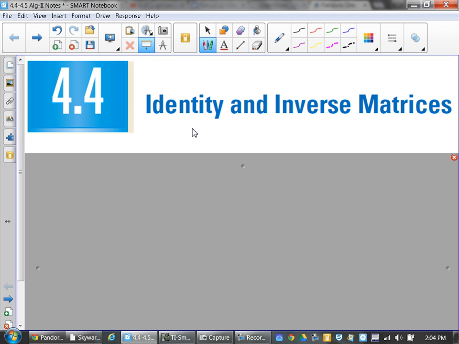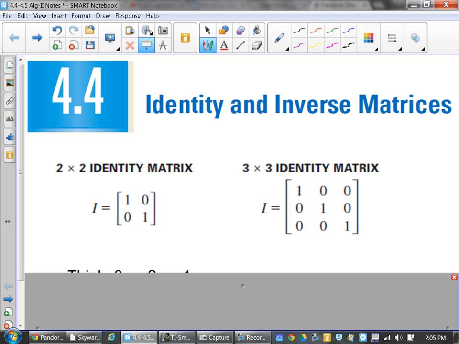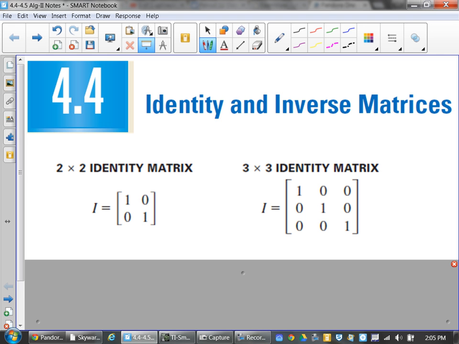So first thing I want to do is talk about what's called an identity. When you're dealing with an identity matrix, with basic 2x2s or 3x3s, it will be the matrix that has ones on the largest downward diagonal. That's how that's going to work for an identity.